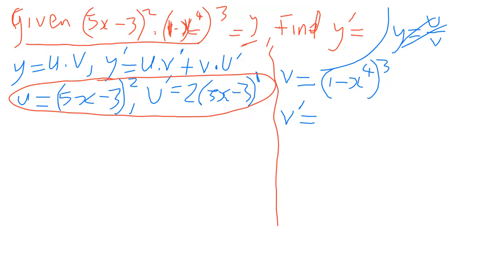I want you to know that v is a function inside a function, where the inside is g of x and the outside is g of x to the power 3. So I'm going to find the derivative by chain rule again. By chain rule, bring down the exponent, which is 3. Now bring down the inside function, which is g of x.